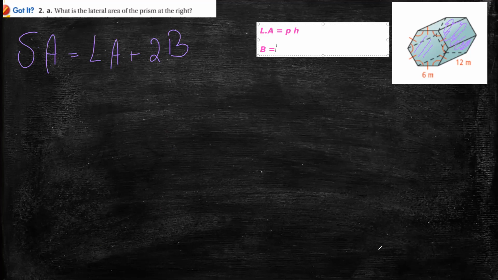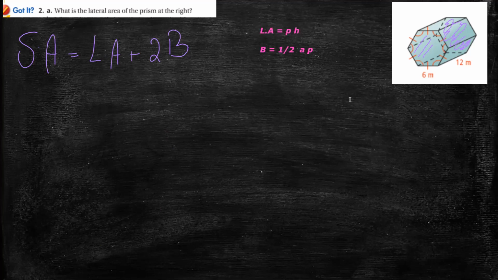What is the area of a hexagon? It's half the apothem times the perimeter, if it is regular. So the lateral area is the perimeter times the height, and the area of the base is half the apothem times the perimeter.